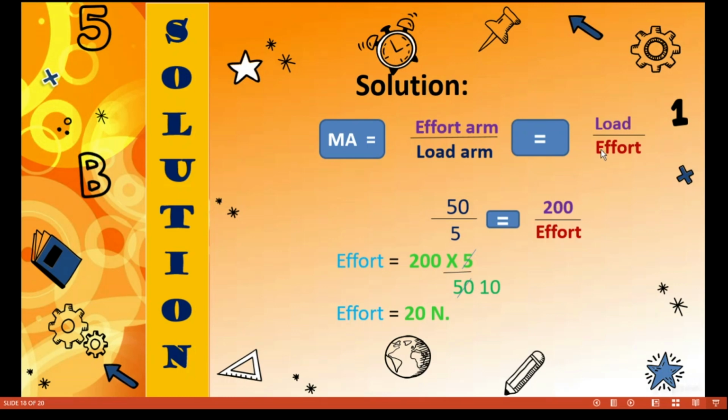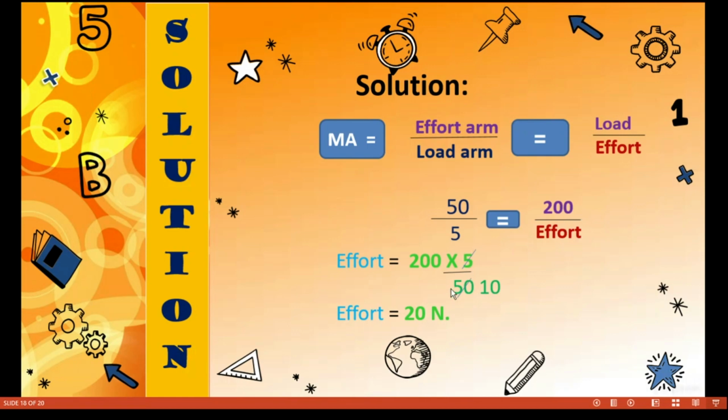We are supposed to calculate the effort. So this effort is taken to the left hand side and 50 by 5 is taken to the right hand side, that is 200 divided by 50 by 5. When it goes to the numerator, it becomes 5 by 50.